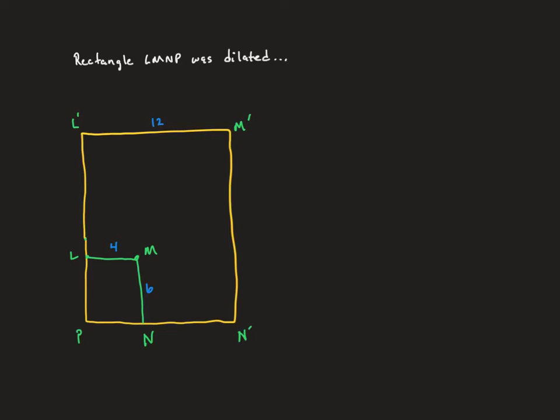So remember that when we're talking about a rule, the rule is going to be dilating, and then you're going to have your center of dilation, and then you're going to have your scale factor, and we called it Q and N. So if I'm looking at this, I would say that it looks like the anchor point that never moved was point P. So I think its center of dilation is going to be point P.